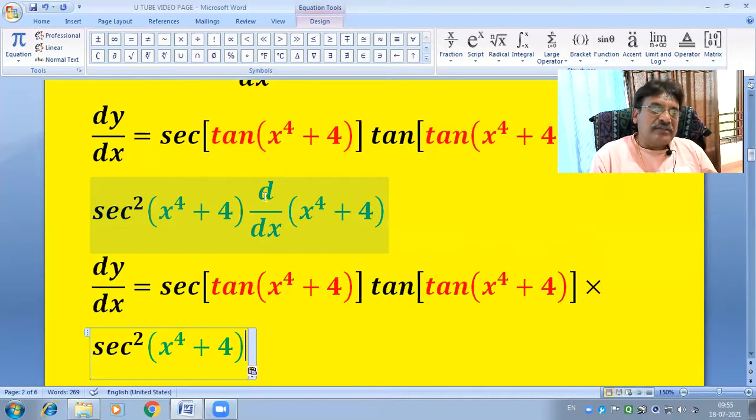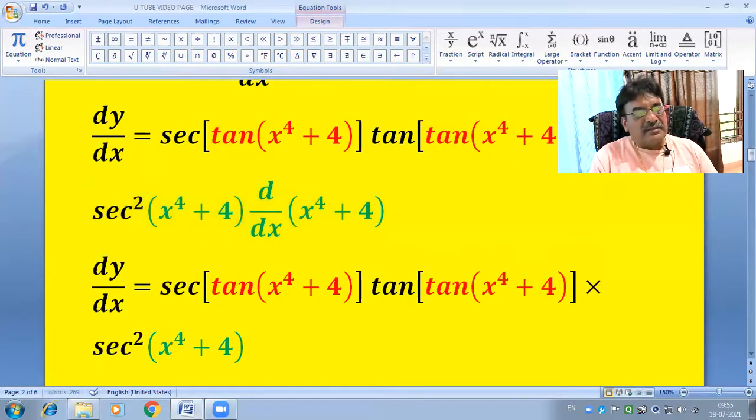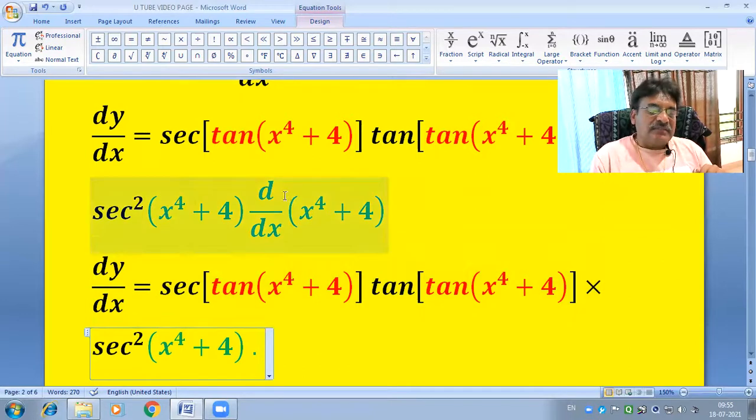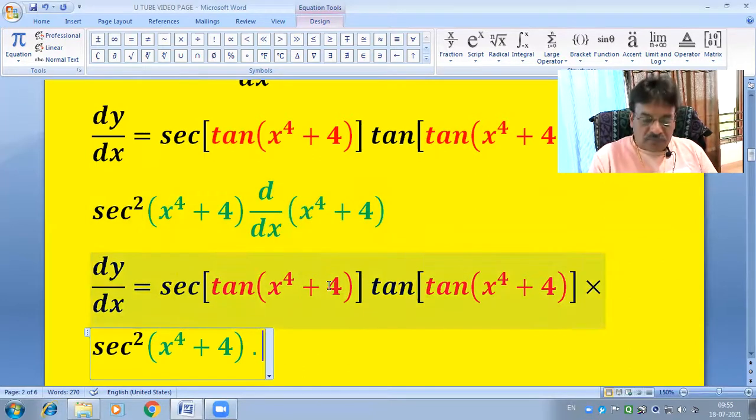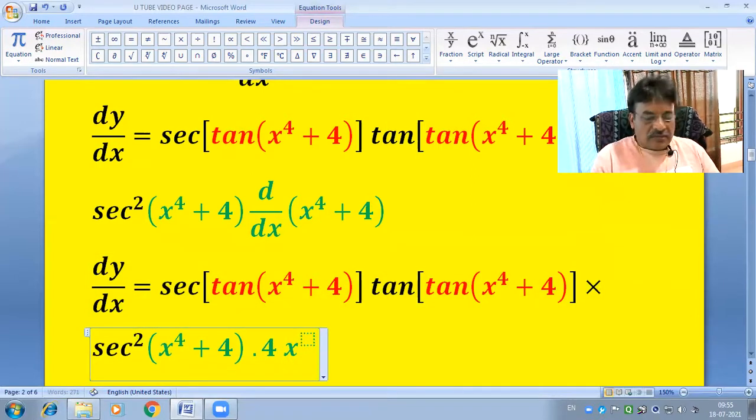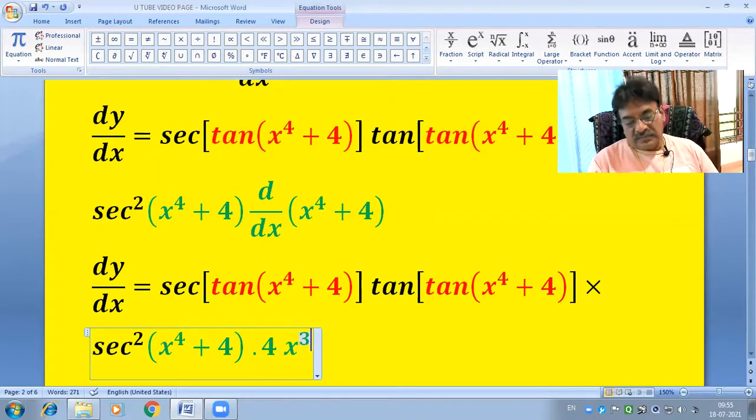So here d/dx of x to the power 4, by using the formula d/dx of x to the power n is n x to the power n minus 1, is 4 x to the power 4 minus 1, that is 3, plus d/dx of 4.